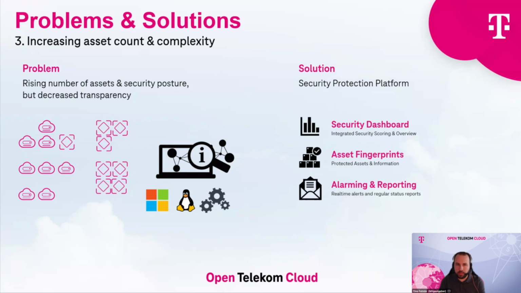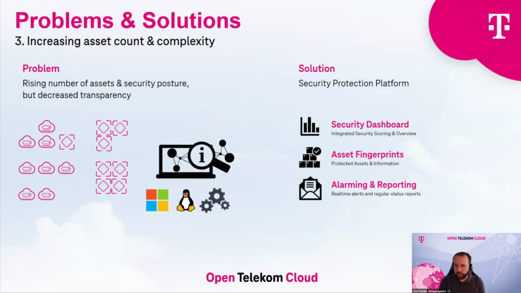That's where the solution comes in, to have some kind of security protection platform. Usually you want to have some kind of dashboard. So you log in, you get at a first glance a score. What do I need to do? Secondly, asset fingerprints. That means you want to have some kind of inventory. What servers are running in my environment, which are protected, which are not.